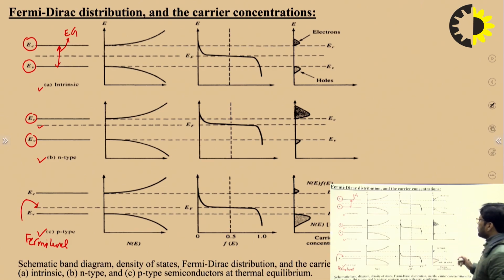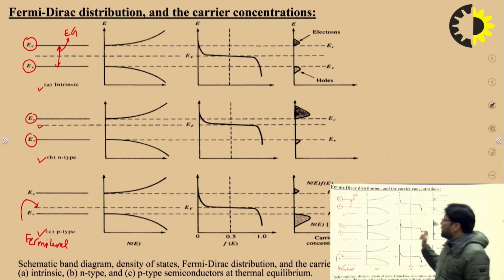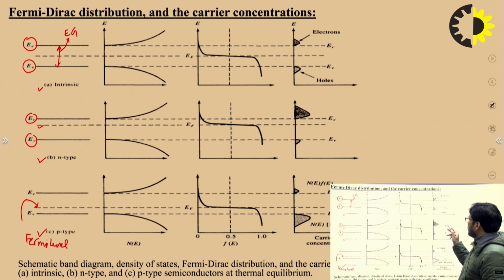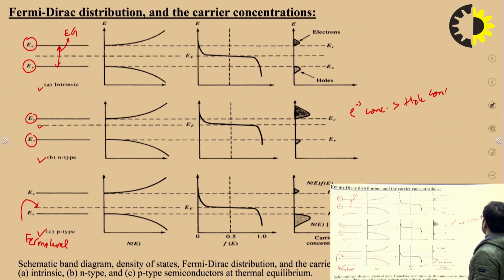While in the case of N-type semiconductor, you can observe here that the density of electrons is high in the conduction band, while the density of holes is very low in the valence band. So the electron concentration is higher than the hole concentration here.